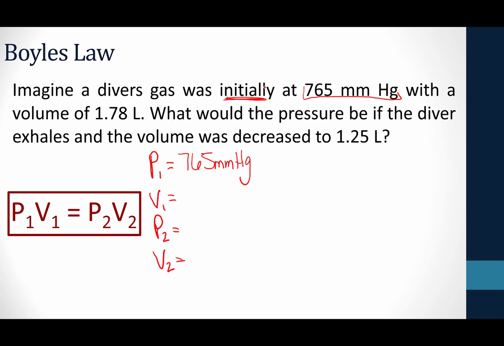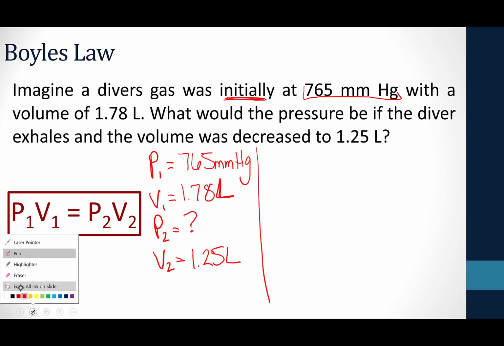So initially at 765 millimeters of mercury with a volume of 1.78 liters. Then it's going to talk about some later time. So what would the pressure be? So it sounds like we're solving for pressure. What would the pressure be if the diver exhales and the volume was decreased to 1.25 liters? So that was the volume after he exhaled.